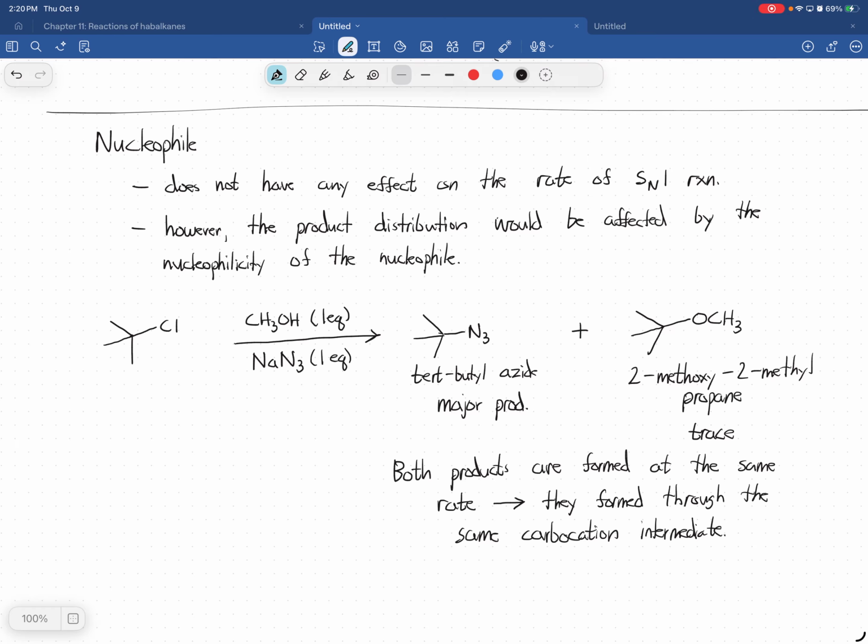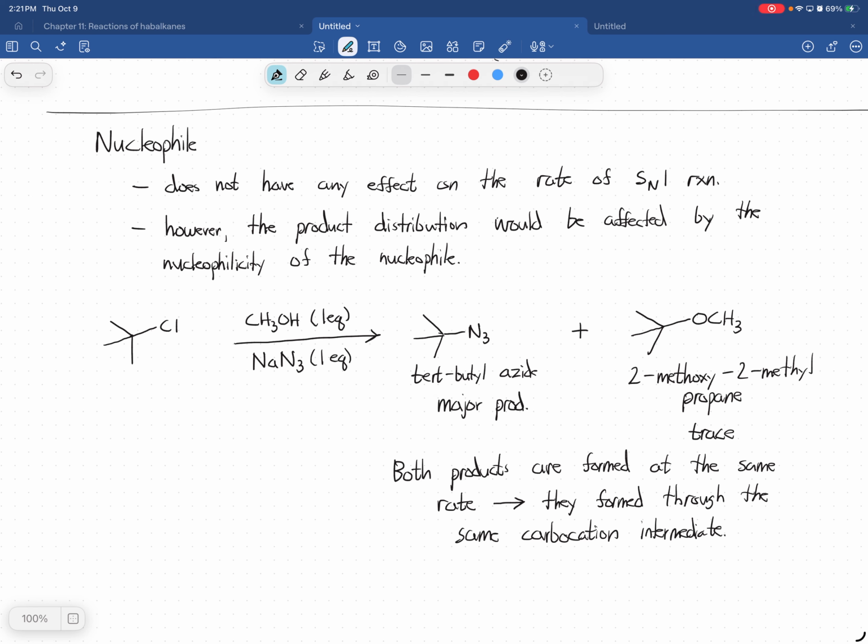Now, if there were two different carbocations, they wouldn't both be as stable, and so they would form at different rates. But since they form at the same rate, and azide is much stronger, it's going to react with it more. The formation of both of them is at the same rate because they're going through the same intermediate, which is the carbocation.